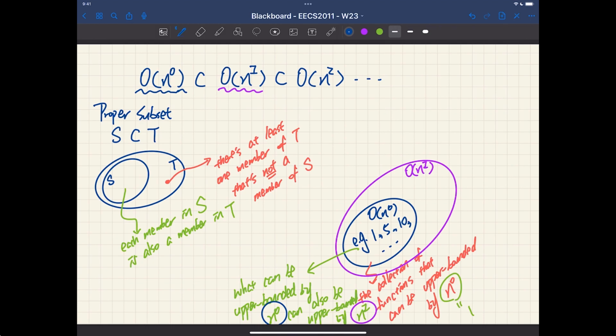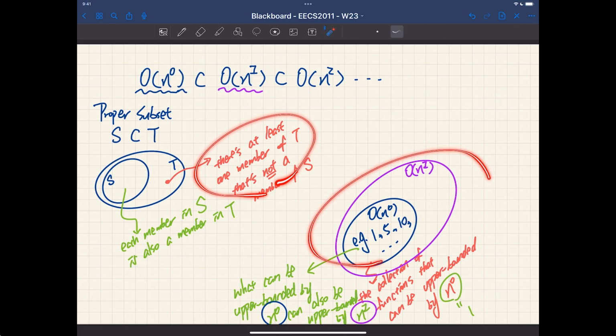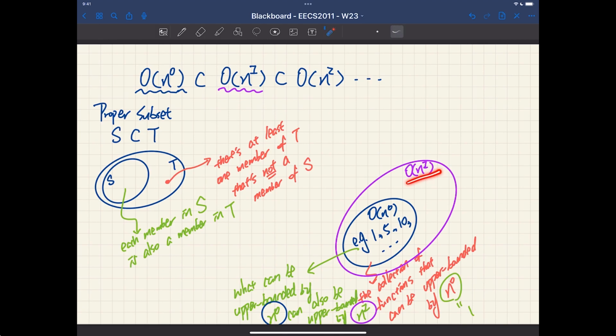How do we apply fact number 2 over here? There is at least one function that can be upper bounded by n^1, but it cannot be upper bounded by n^0. Can you give me one example? n, of course. 5n, 6n, 7n minus 2, and so on. Let's put it here.